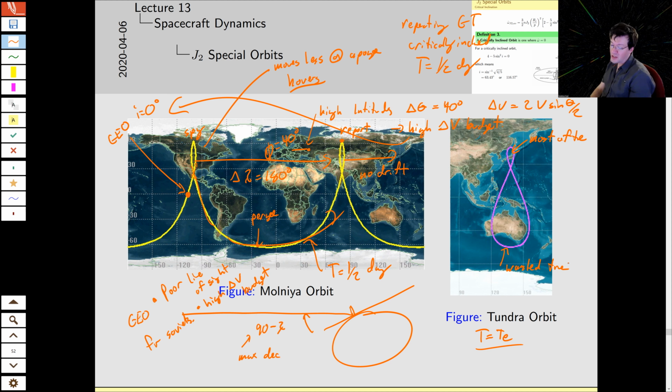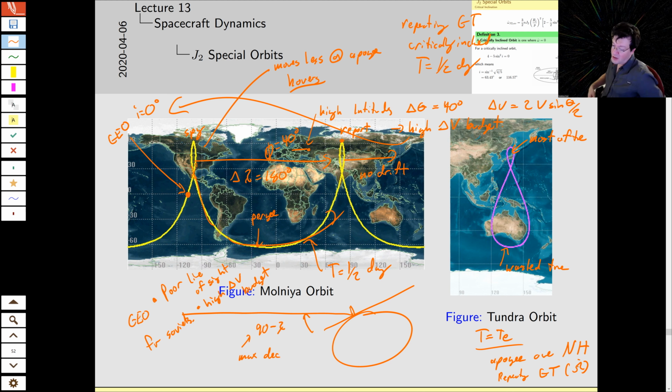So for the tundra orbit, the period is the period of the Earth, but you have apogee over the northern hemisphere, where it's being useful. Alternatively, of course, if you're Australia, maybe you want to design your apogee over the southern hemisphere, but that's not the issue here. And you need a repeating ground track. So you do have to account for those omega dots for these orbits.